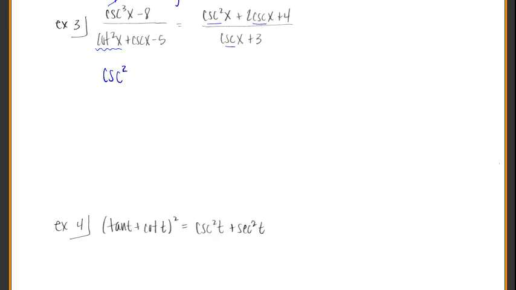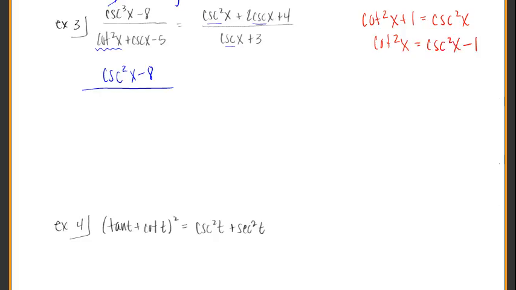So cosecant squared x minus 8 over, well, what is that identity that involves both cosecant and cotangent? Coming over here to the right, we can just write it out. Cotangent squared x plus 1 is cosecant squared x. So in other words, rearranging this, cotangent squared x is cosecant squared x minus 1. So this is what I'm going to replace in for that cotangent there in the denominator.